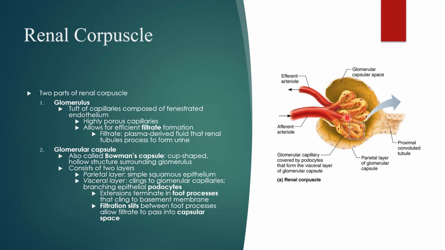That's why they call them podocyte. And the extensions of these cells terminate in foot processes that cling to the basement membrane, and because they are intertwining with one another, they form what you call a secondary filtration mechanism, which you call the filtration slits. Okay, these filtration slits are between the foot processes, and they allow the filtrate to pass into the capsular space.